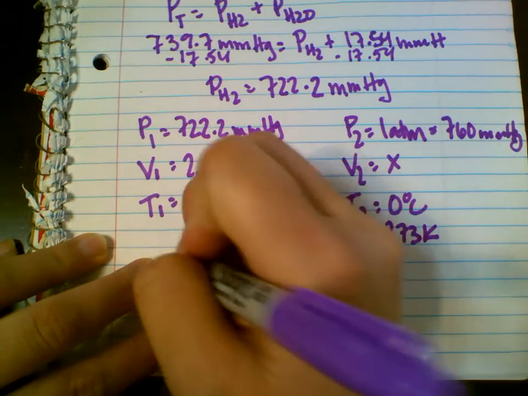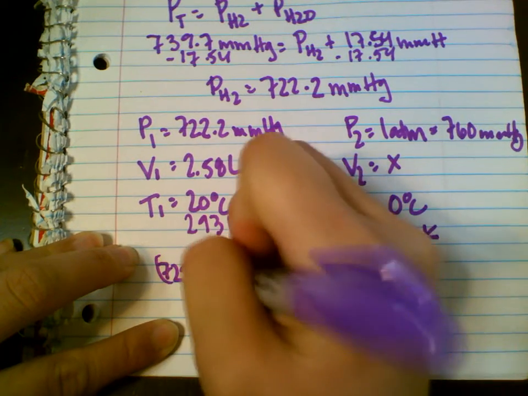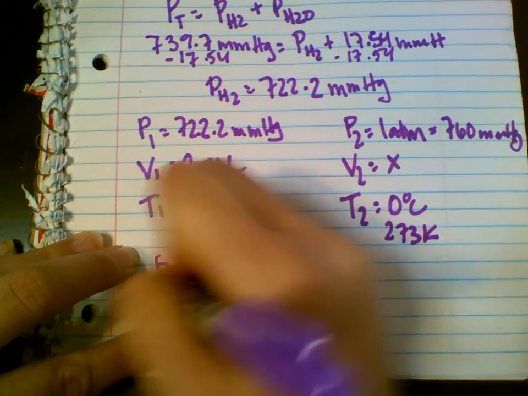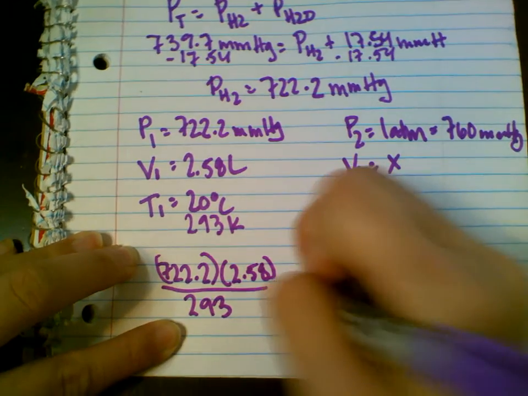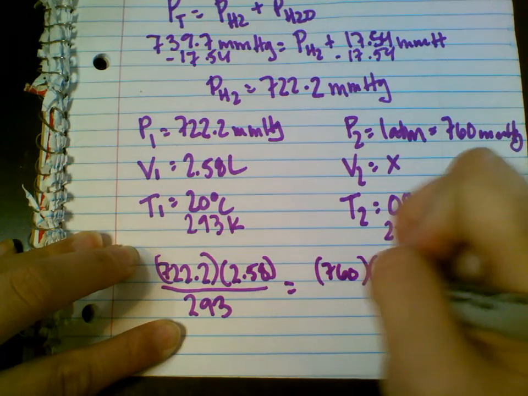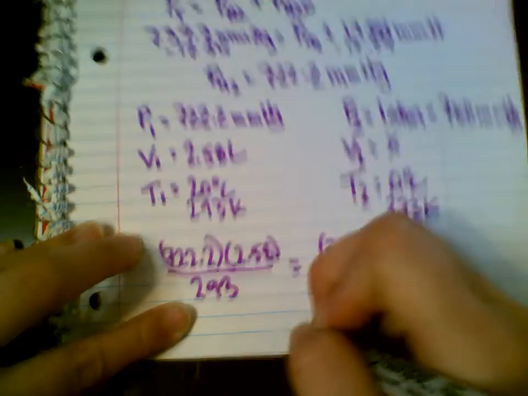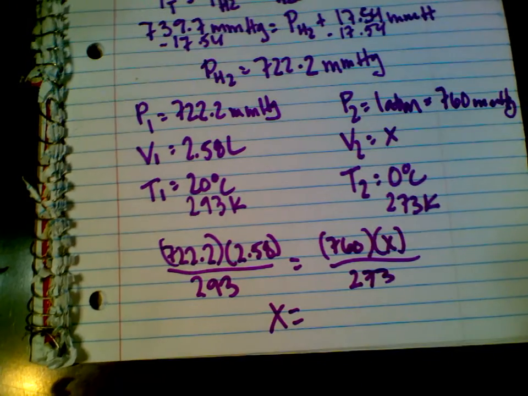So I have 722.2 times 2.58 divided by 293 equals 760 times x over 273. And then I'm going to put this all in my calculator to solve.